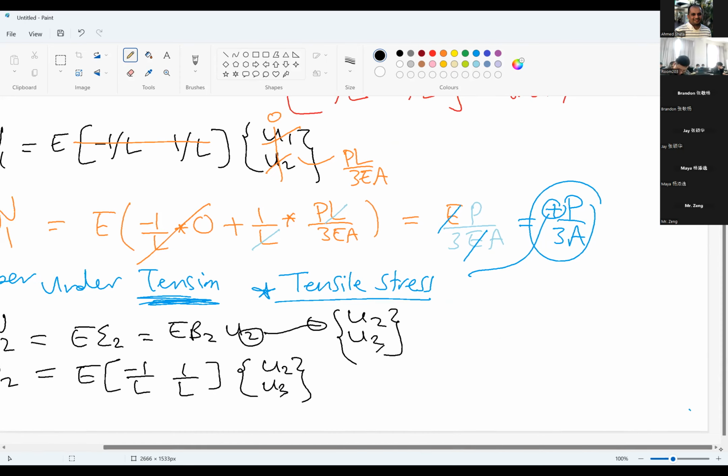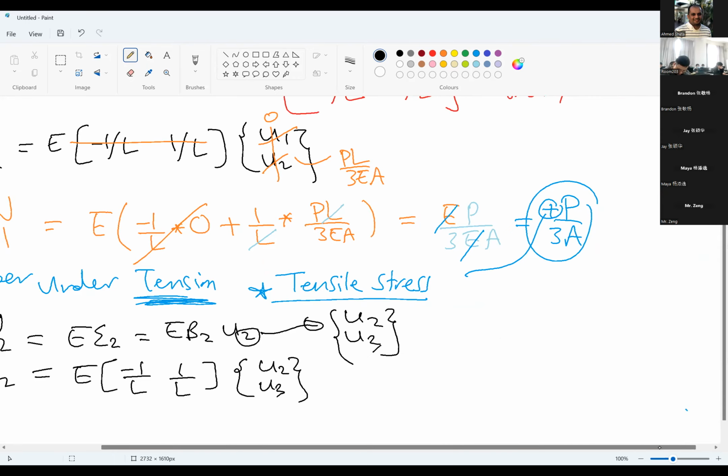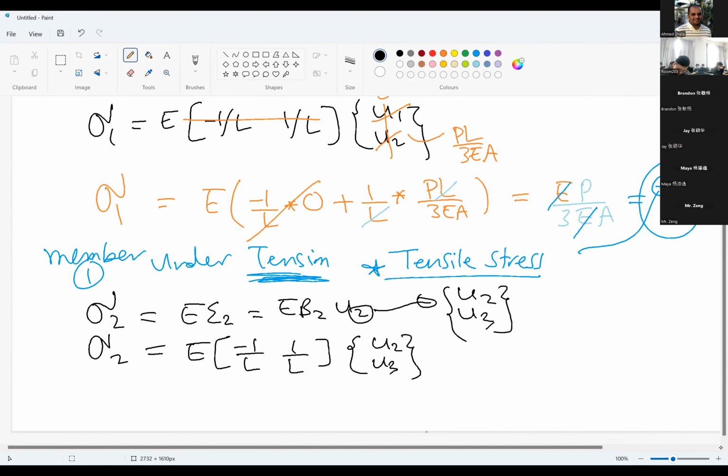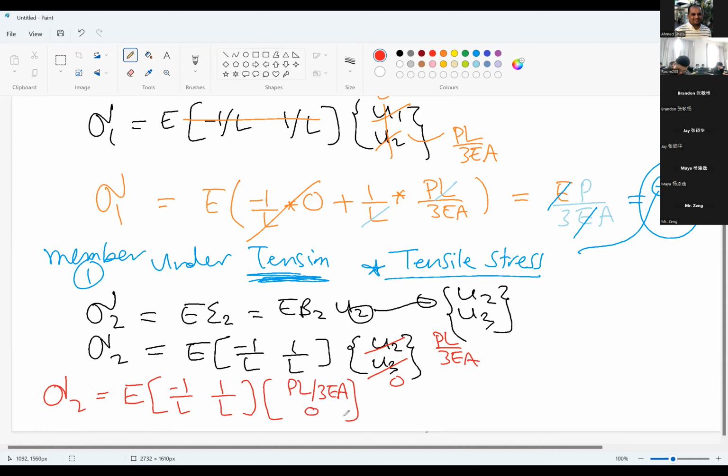From our previous calculation, we get U2 as BL by 3EA, U3 as 0. So sigma 2 will be E negative 1/L positive 1/L times BL by 3EA and 0.